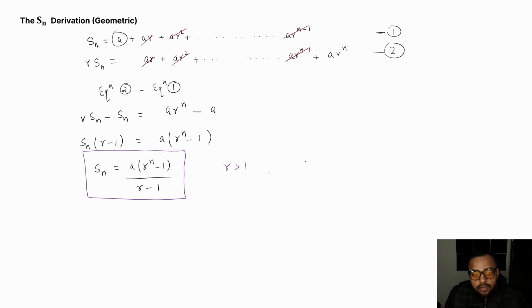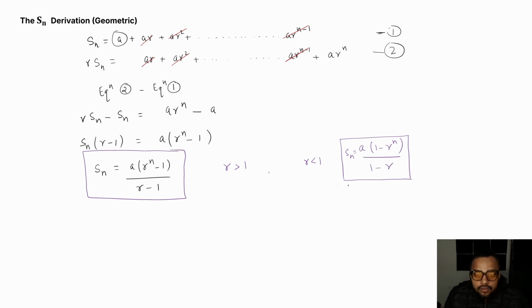Similarly, we can calculate when r is less than 1: Sn equals a(1 minus r raised to the power n) upon (1 minus r). This is for when r is less than 1.